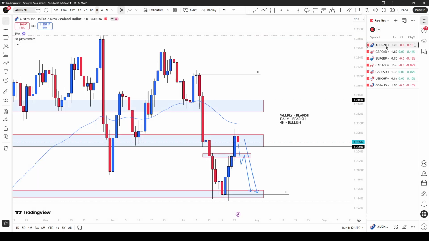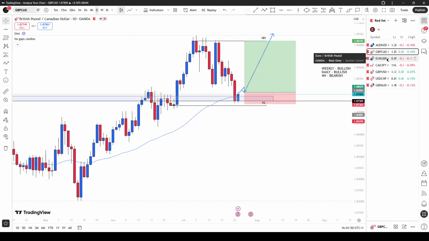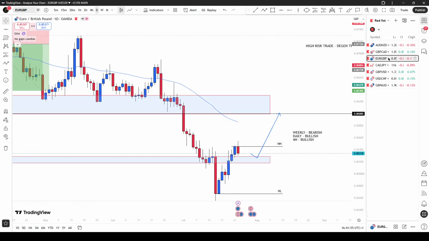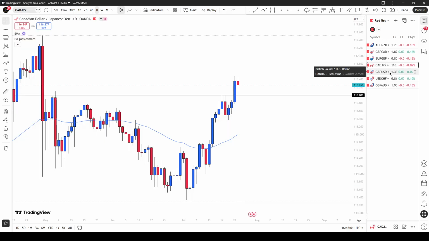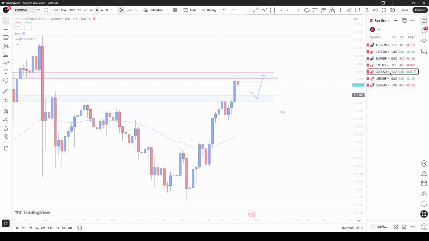So what am I waiting for? I'm waiting for rejection to sell. Rejection to buy. Euro GBP, more pullback to buy. Pullback to buy.